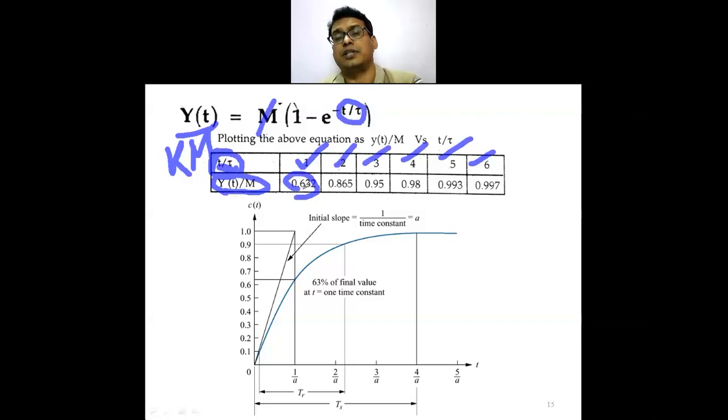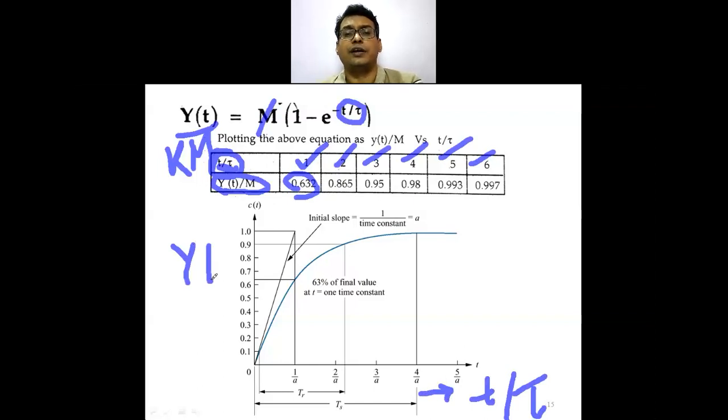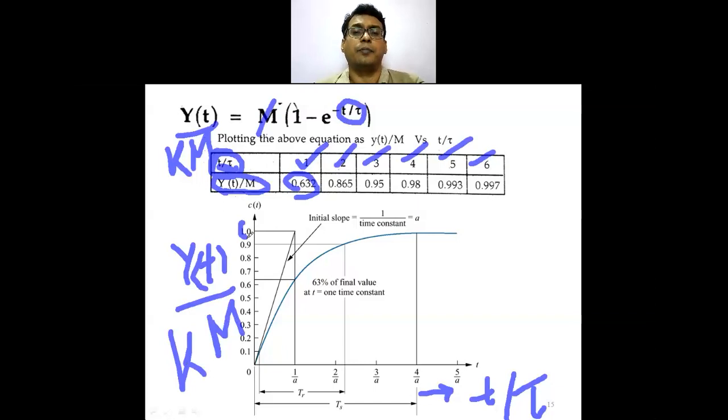And this has now been put graphically: these are your t upon tau values in the x direction, and this is y(t) upon KM. So these values will be from 0 to 1, where 1 is 100%.